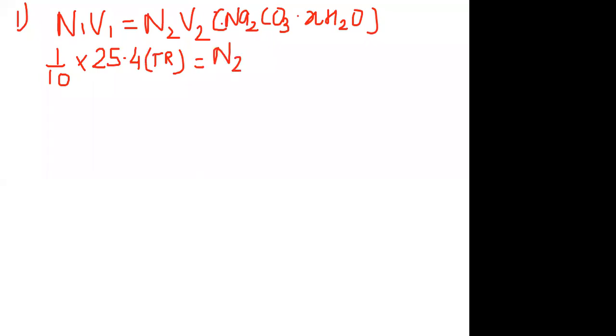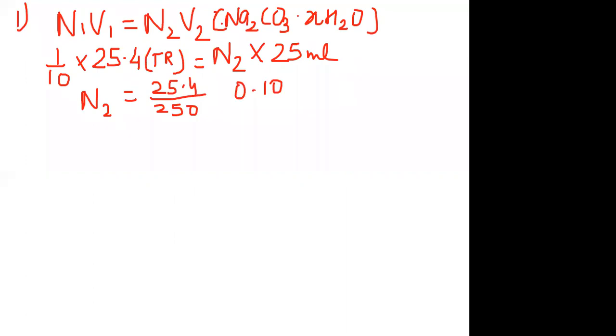N2 is unknown, and the volume of sodium carbonate solution will be 25 ml, because this is what we have taken with the help of the pipette. When you calculate N2, you get 25.4 divided by 25 into 10, that is 250, and the answer turns out to be 0.1016 normal.